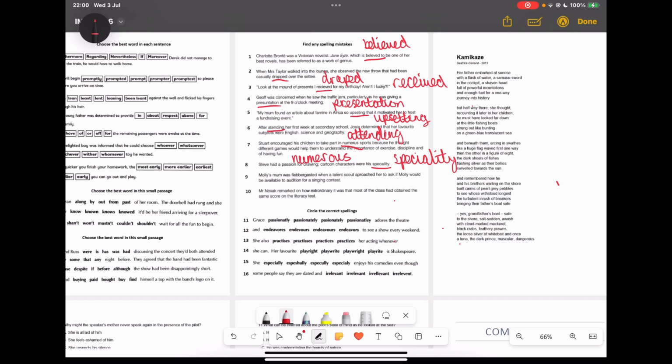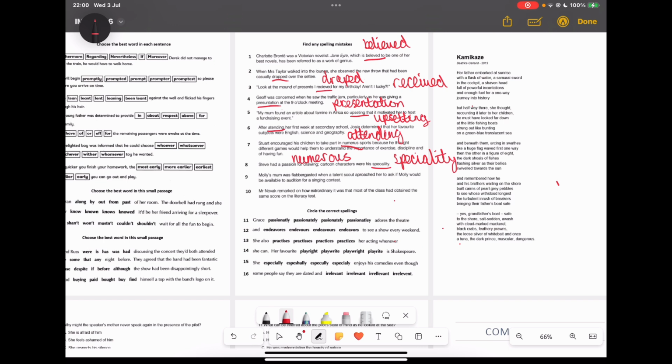And then 9. Molly's mum was flabbergasted when a talent scout approached her to ask if Molly would be able to audition for a singing contest. Molly's mum was flabbergasted.